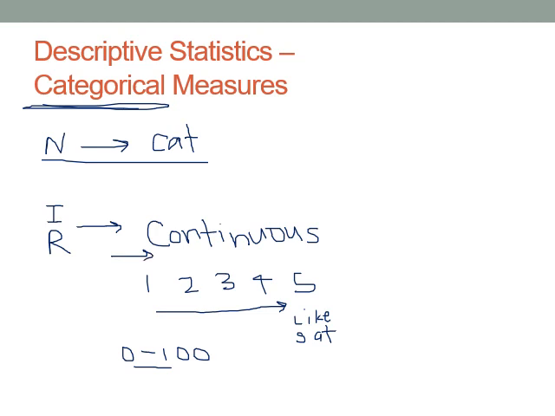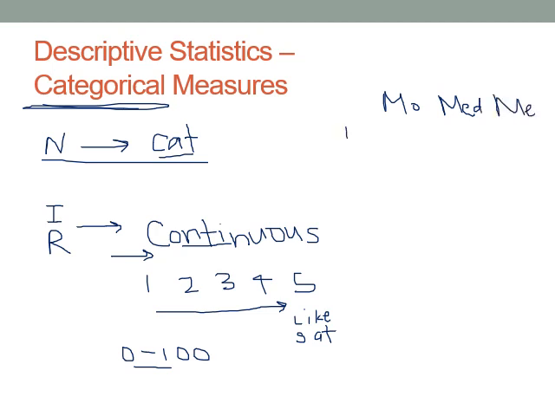When we talk about both descriptive statistics and inferential statistics, we're going to have different kinds of analyses that we do depending on whether the data is categorical or continuous, and the reason being that the very nature of the numbers themselves is different. We saw this a little bit already when we looked at the mode, the median, and the mean.